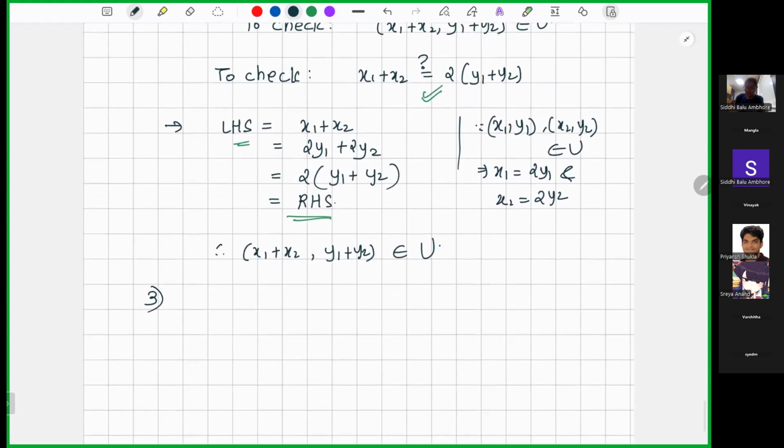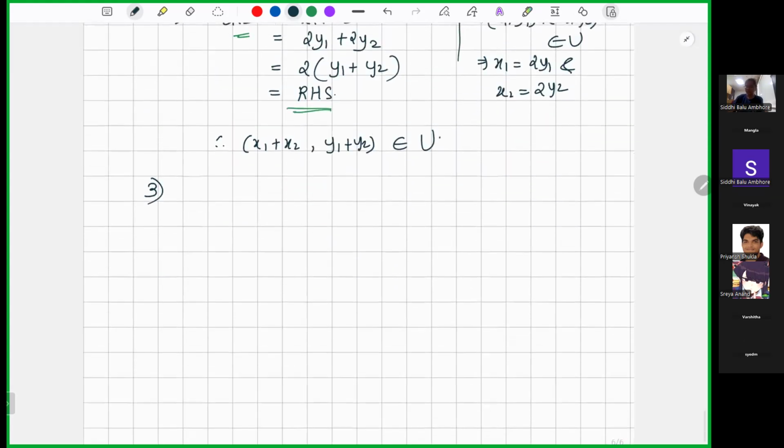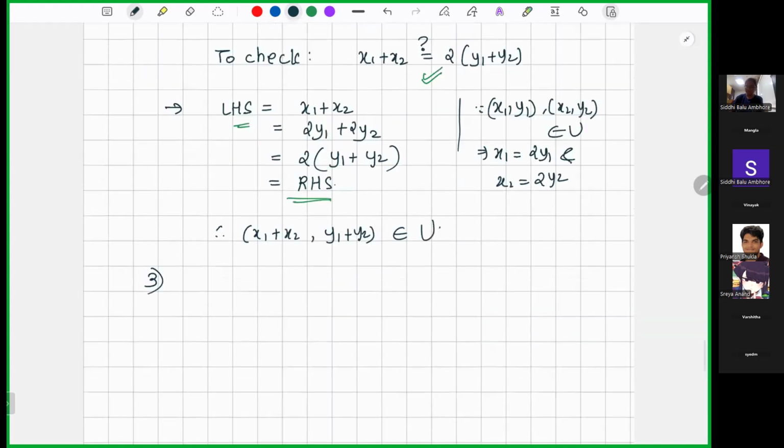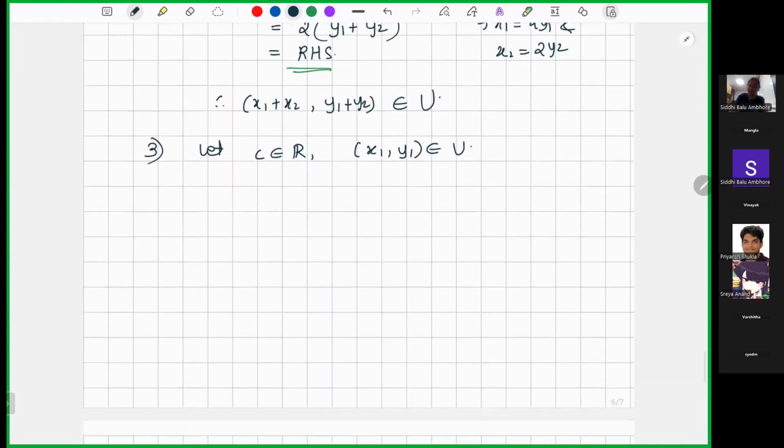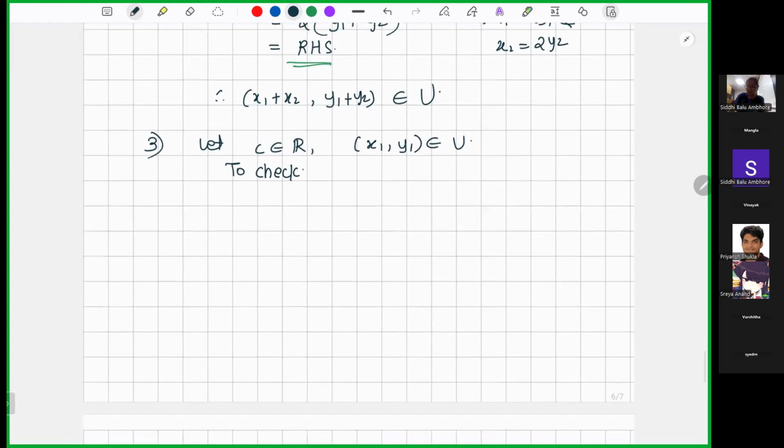And now the third condition is, let c belong to R and x1, y1 belong to U. I have to check again whether cx1, cy1 belongs to U or not. So I just need to check whether cx1 is equal to 2cy1 or not.